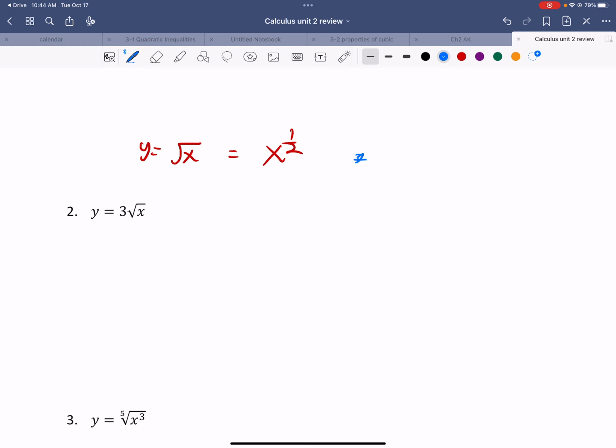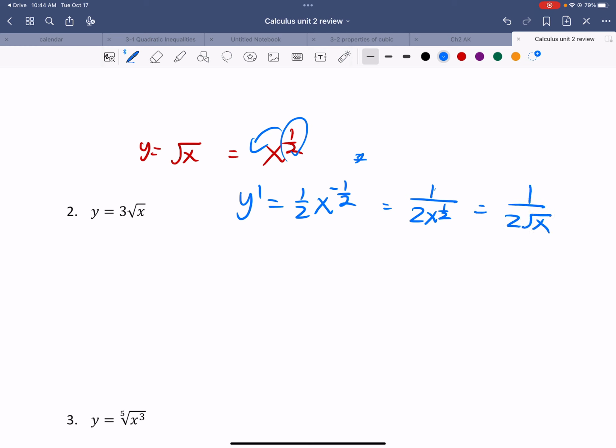If you derive it, it's going to be 1/2 x to the negative 1/2 power, because you move the exponent down and subtract 1. And if you change it, this is going to be 1/2 x to the 1/2 power, and then 1/2 square root of x. But I told you, don't do it this way. Just memorize that square root of x goes straight to here.